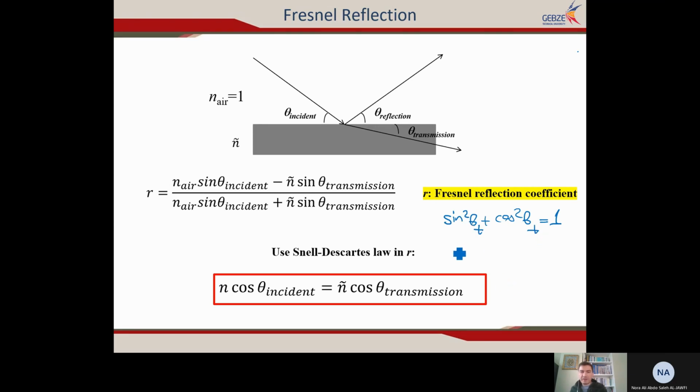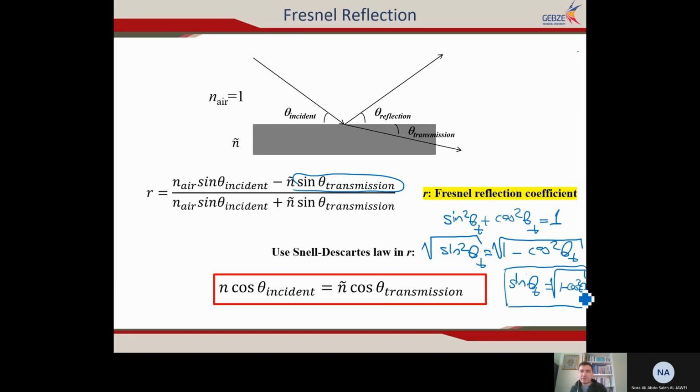If you take sinus squared transmission, it will be equal to 1 minus cosine squared transmission. And to get the sinus theta transmission, you need the square root of this expression. Then sinus theta transmission will be equal to the square root of 1 minus cosine squared theta transmission.